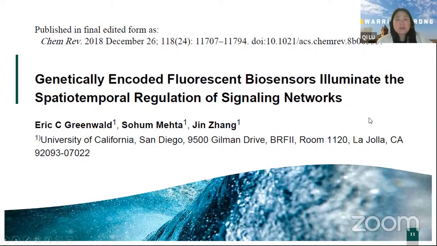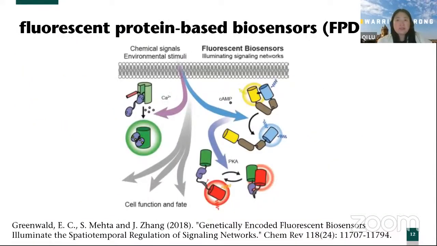The third database is a signaling network. I'm going to generally review this article because it includes several fluorescent biosensors to investigate different cellular activities.